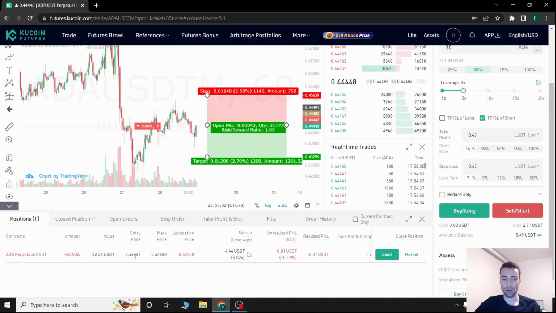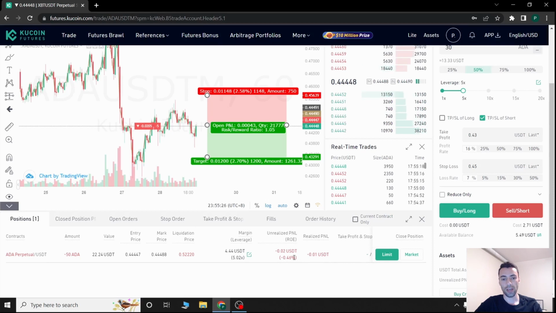The value, our entry price, the mark price, the liquidation. If the price actually goes against our prediction and goes up instead of going down, and reaches 52 cents, we're going to lose all our money, and basically it's called margin call or liquidation. And this is almost the same.